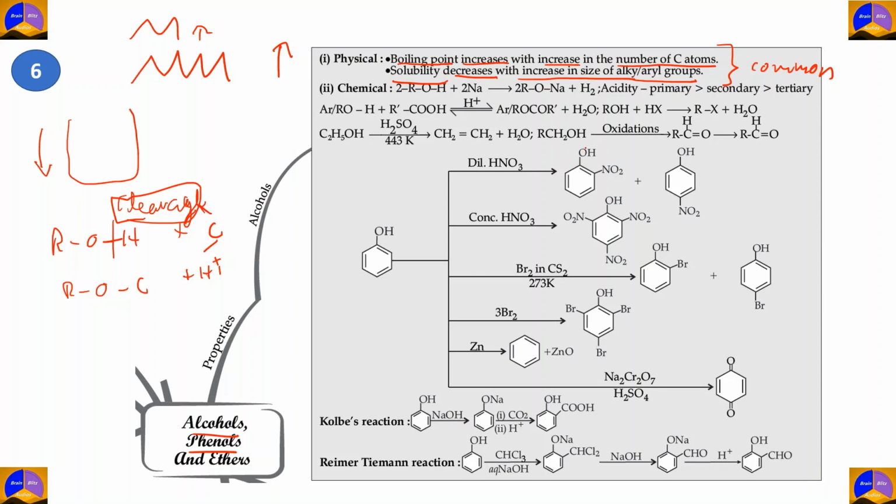Alcohols and phenols react with active metals such as sodium, potassium, and aluminium to yield the corresponding alkoxides or phenoxides and hydrogen. So the first equation here, 2ROH, an alcohol, plus 2Na, Na is a metal, gives you the alkoxide, RONa, plus H2. This is the simplest example of a reaction of an alcohol with a metal.